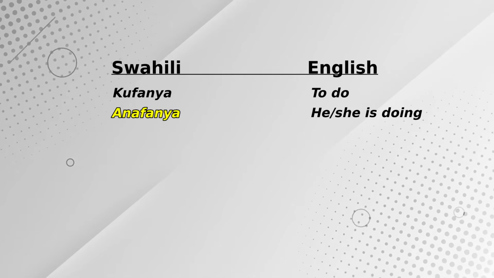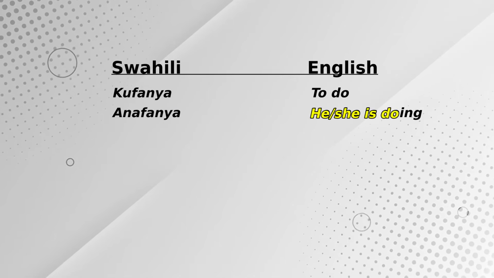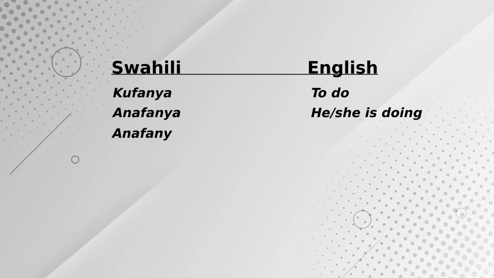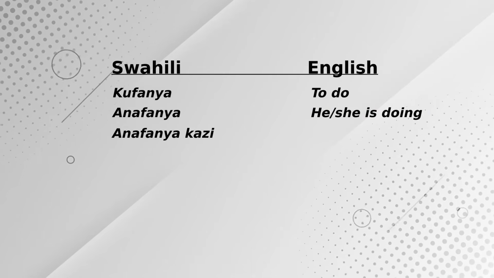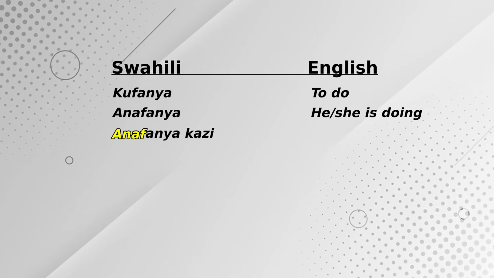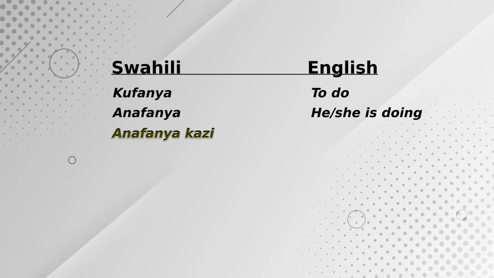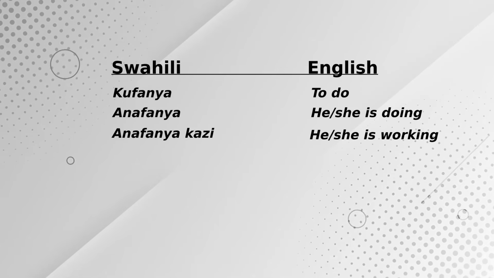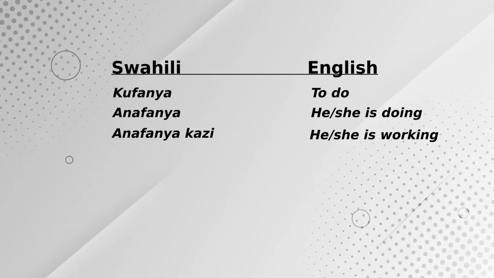Anafanya. Good. He or she is doing. So you can give an example like anafanya kazi. Repeat after me. Anafanya kazi. Good. That simply means he or she is working. Good job.